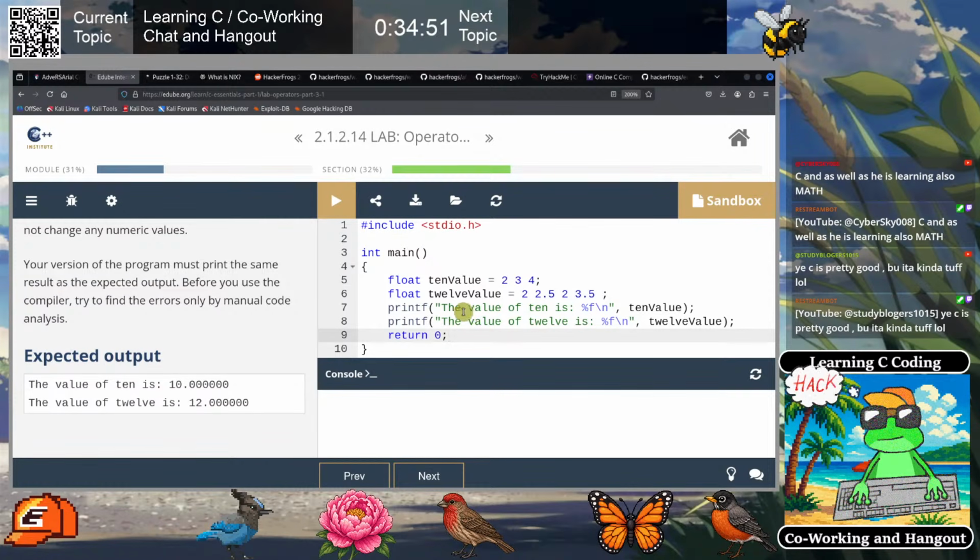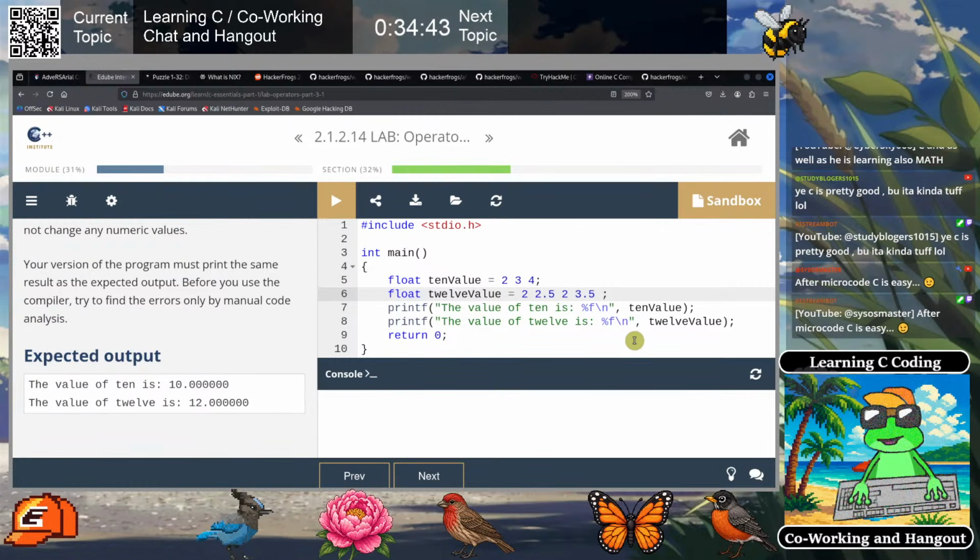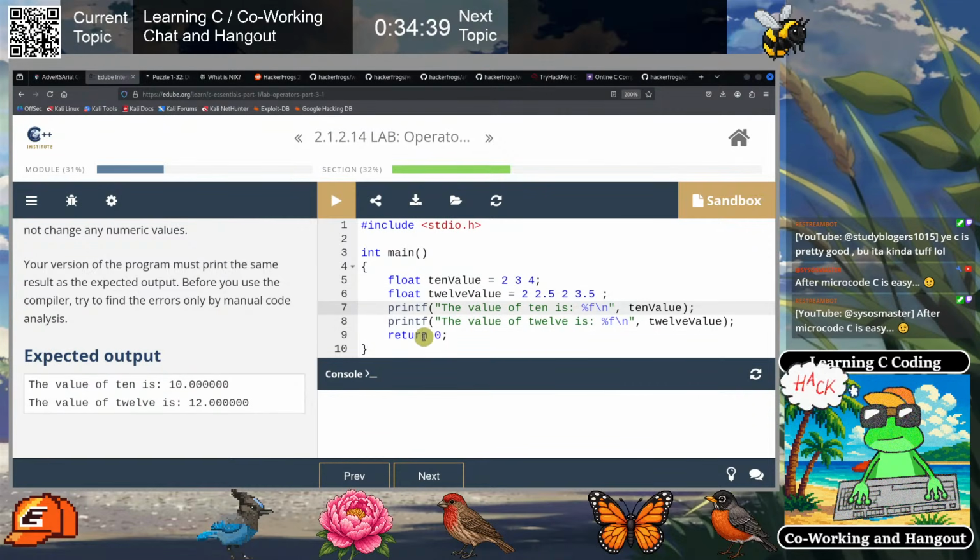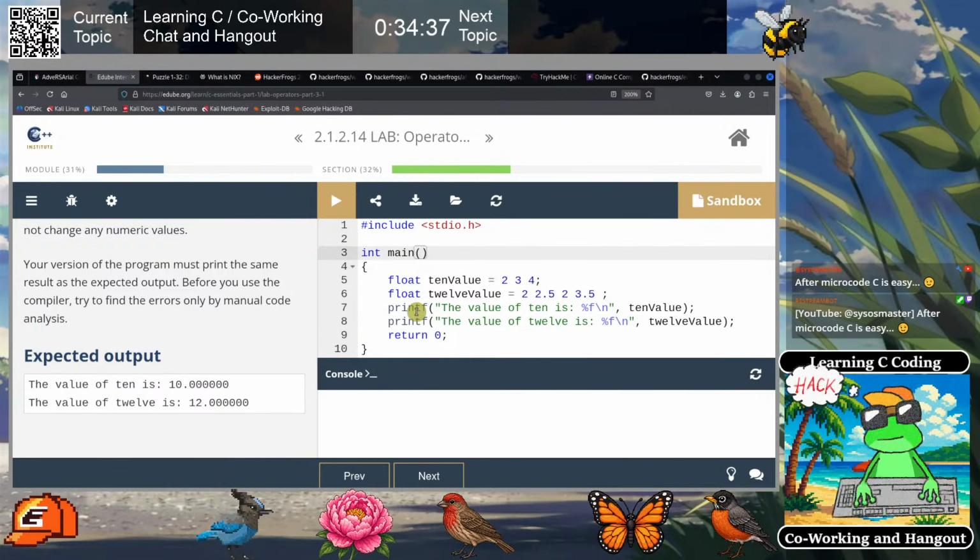Anyways, so we got floating point numbers. Floating point numbers 10 value, and 12 value. This looks okay. We've got all of our stuff. So 10 value is 2 and 3 and 4.